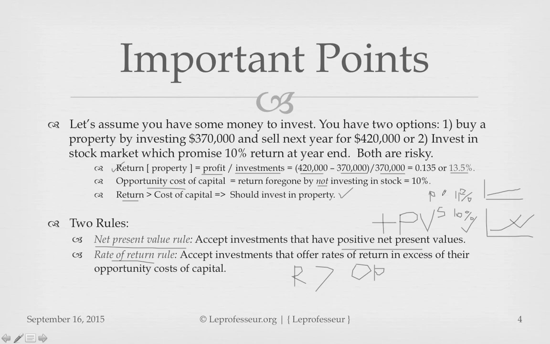Property investment is slow moving but more stable, less volatility. The stock market is faster moving, a bigger slope, but volatility is higher. So it depends on everybody's temperament. But these are the basic rules: positive net present value and a rate of return greater than your opportunity cost. Okay.